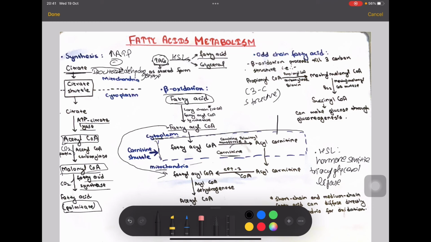Methylmalonyl CoA is converted into succinyl CoA by methylmalonyl CoA mutase, and the cofactor is vitamin B12. This succinyl CoA can make glucose through gluconeogenesis. So there is one exception in our body: fatty acids can also make glucose, but only odd chain fatty acids. Otherwise, even chain fatty acids only make energy through the TCA cycle after the formation of acetyl CoA. This is very important to know.